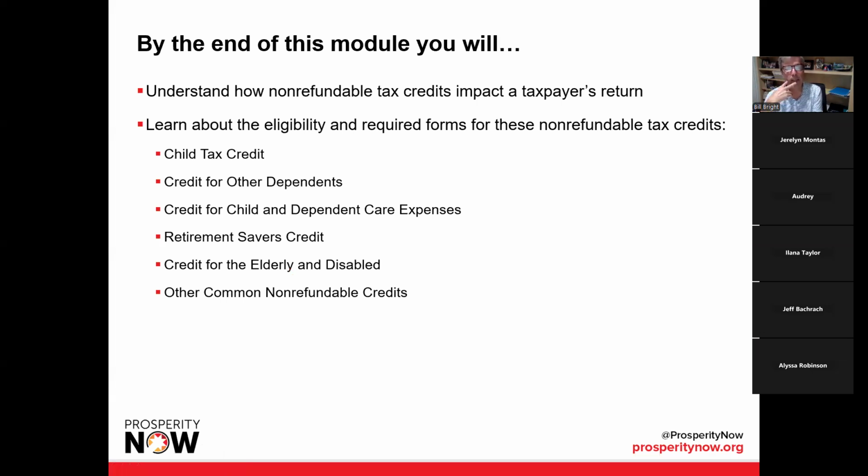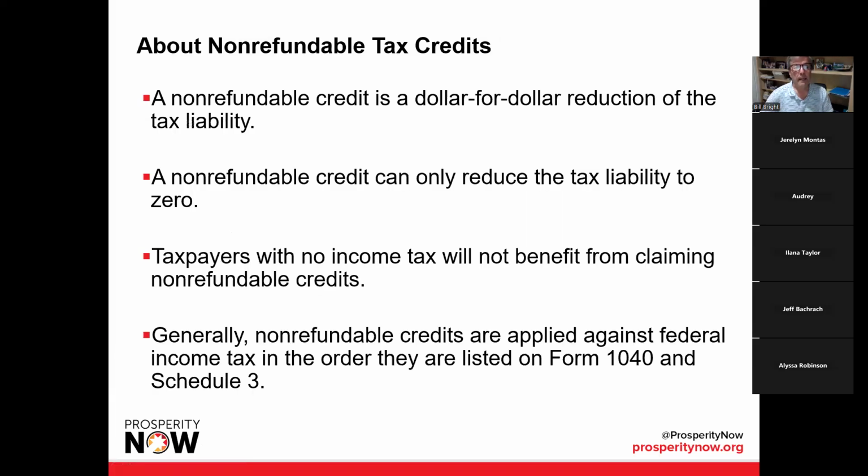These are the main non-refundable credits that we see: the child tax credit, the credit for other dependents, the credit for child and dependent care expenses, the retirement savings credit, the credit for the elderly and disabled, and a few other ones which we'll get to, mostly EV credits. A non-refundable credit is a dollar for dollar reduction of the tax liability. So all that can do is reduce your tax liability to zero. You can't go below zero.